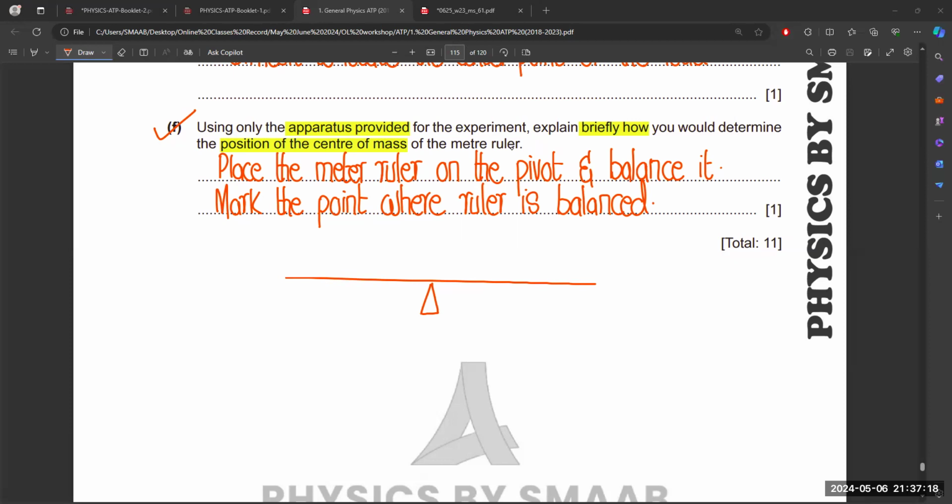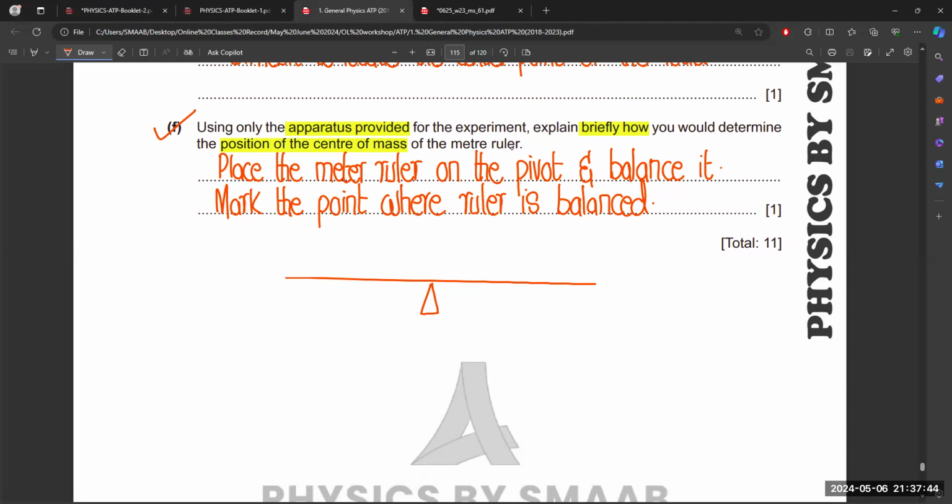And they sometimes ask for suggestions for the experiment. I will also send the PDF file of the notes for ATP, so that will help you. You will get an idea of the important points that we will use for the suggestions and to write in the planning experiment problems.